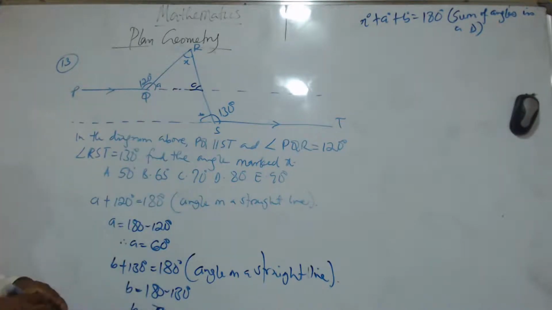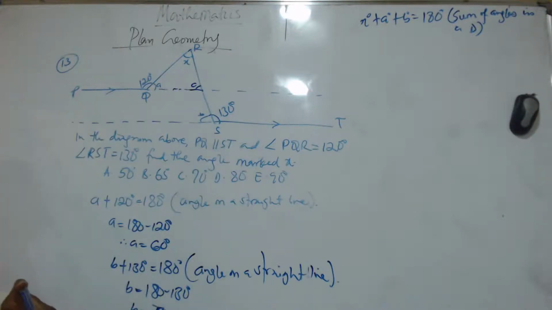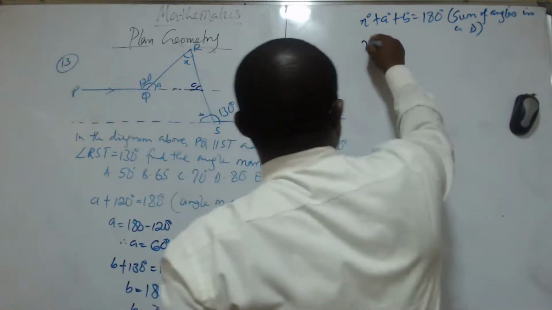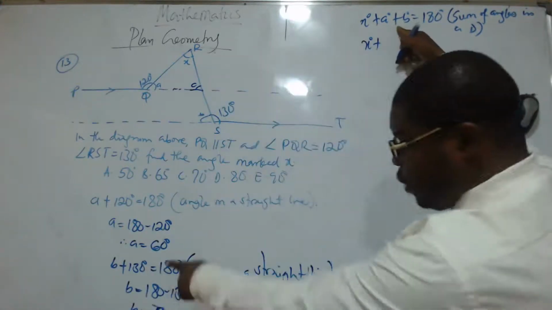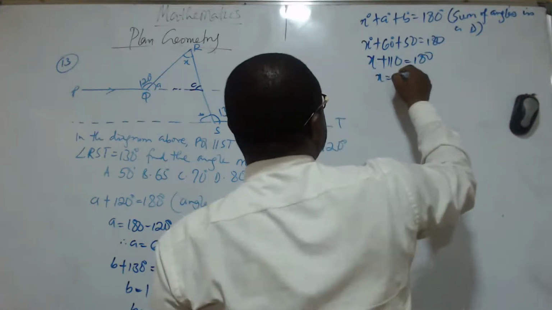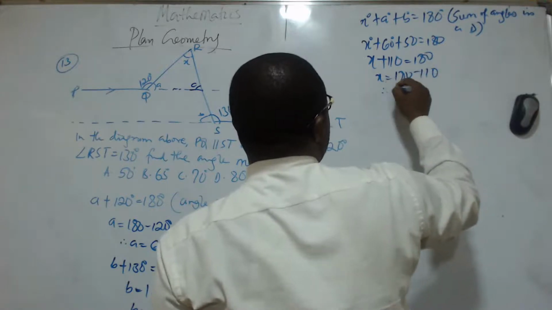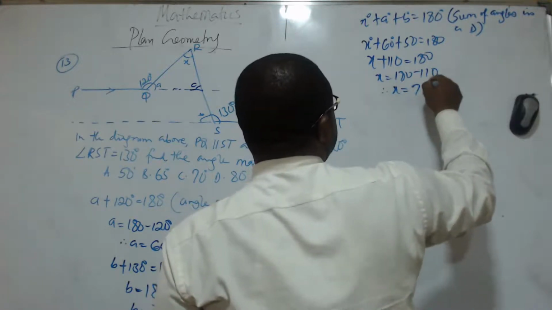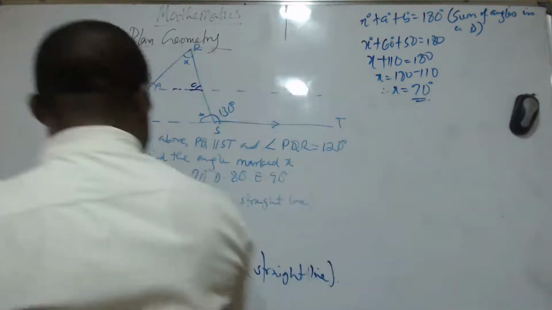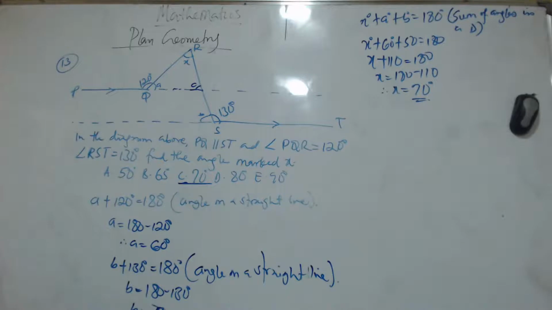And the addition of all the angles in there must be equal to 180 degree. Having known that, the value for our A is 60 degree, C is 50 degree, so X is 180 minus 110 degree. Therefore, our X is 70 degree. And 70 is option C, that is the correct answer to this particular question.